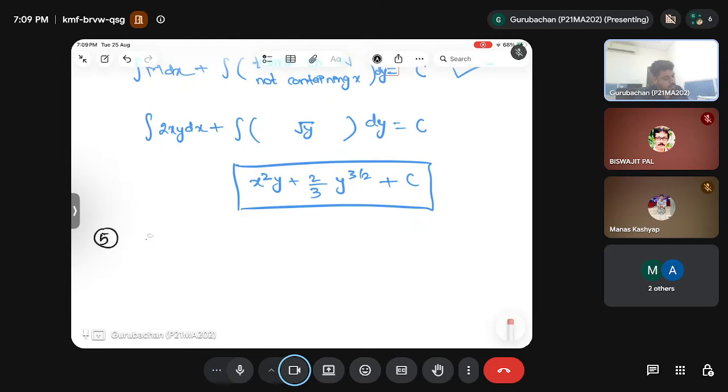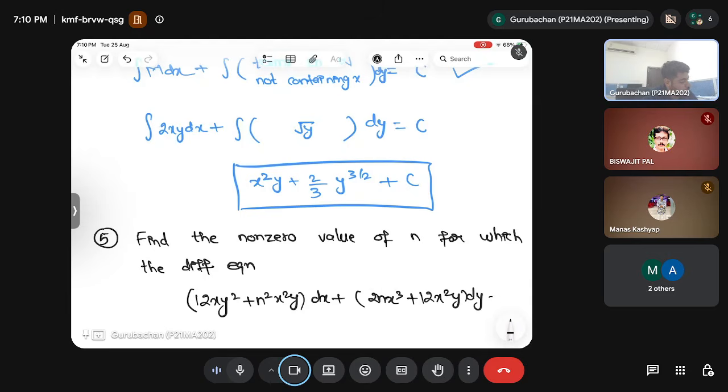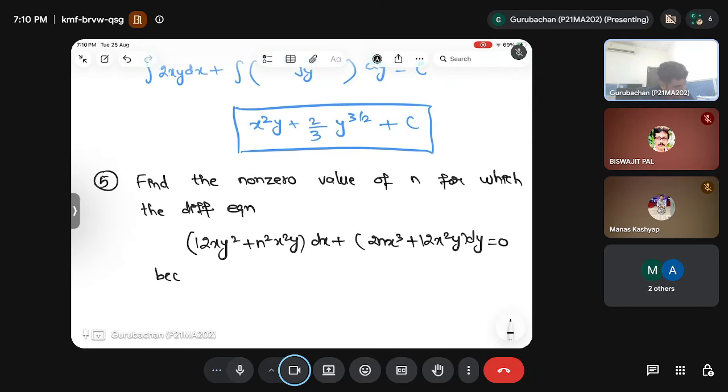Find the non-zero value of n for which the differential equation (12xy square plus n square x square y) dx plus (2nx cube plus 12x square y) dy equal to 0 becomes exact.